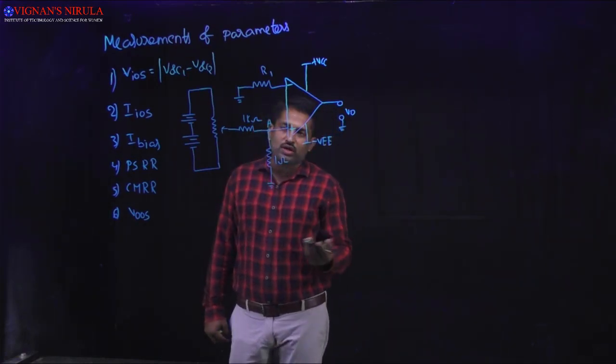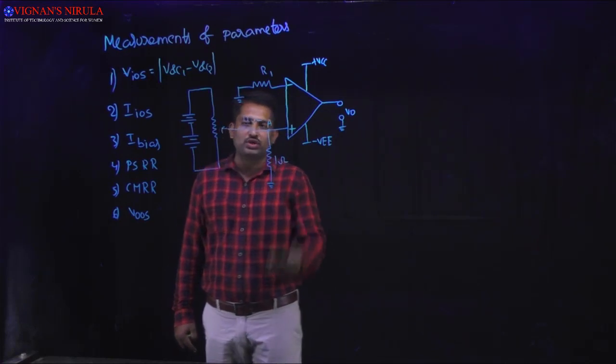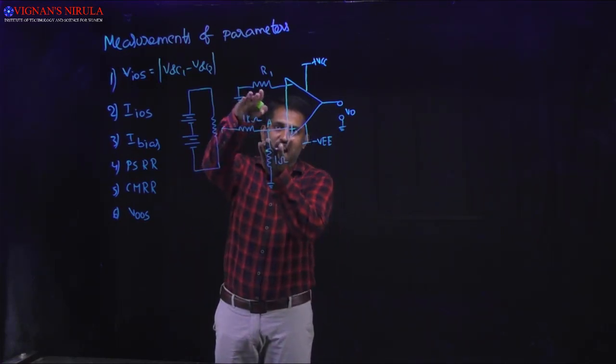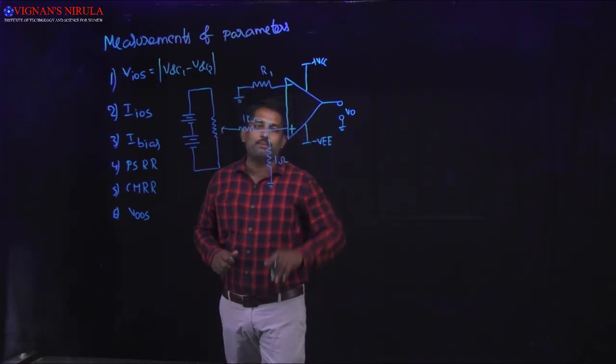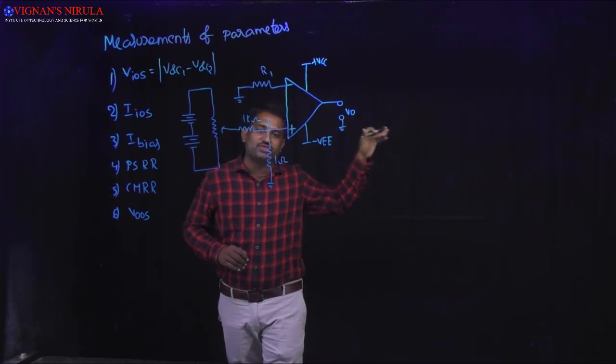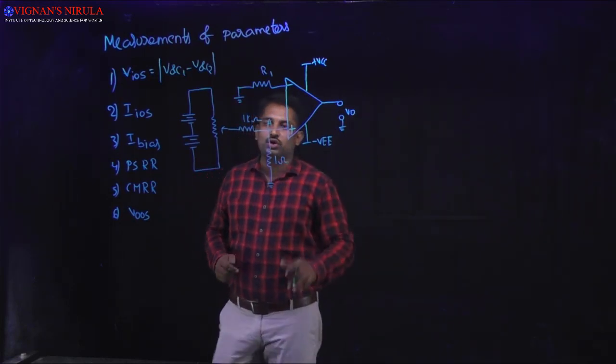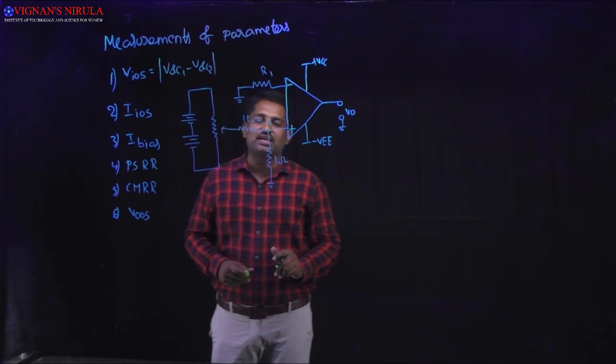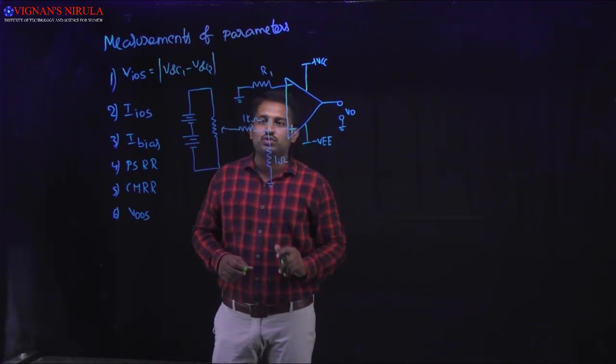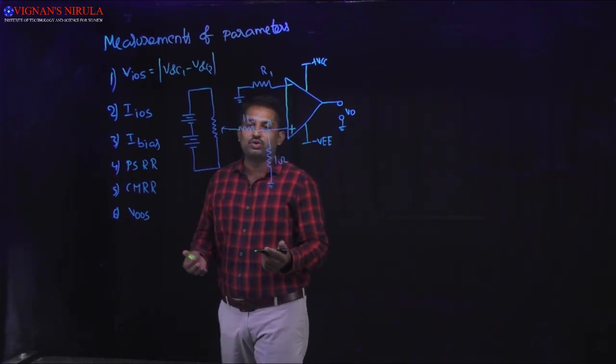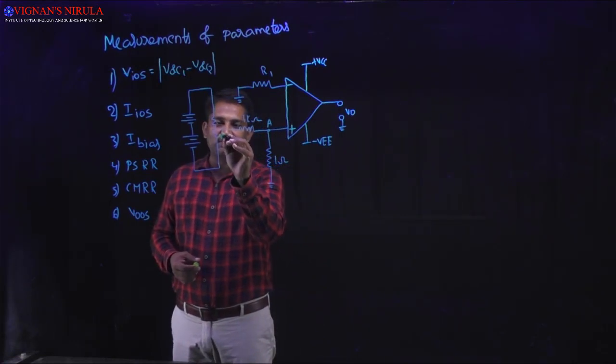How can we calculate the input offset voltage that will be applied at the input terminals of an op amp to make our output offset voltage 0? To calculate the potential at A, we use the voltage divider rule. This input will be taken as VE.